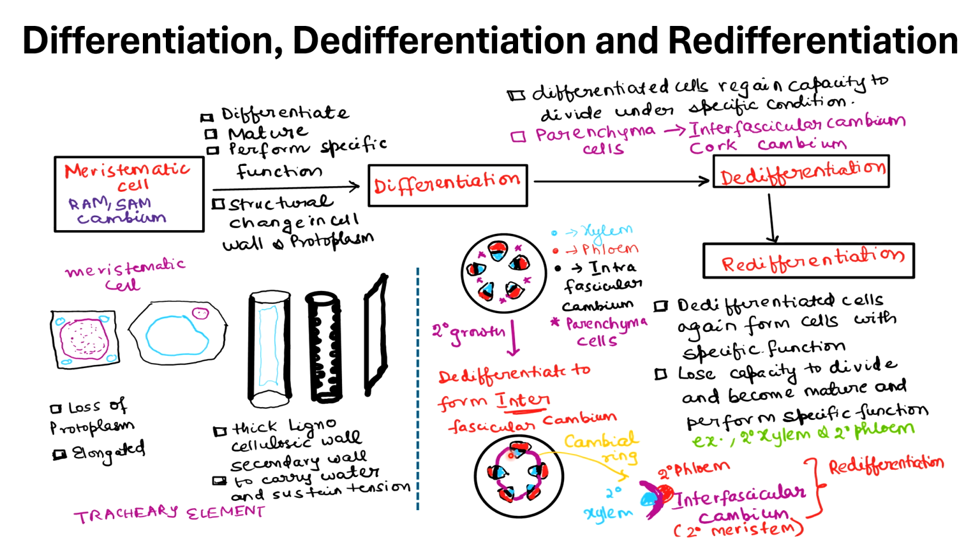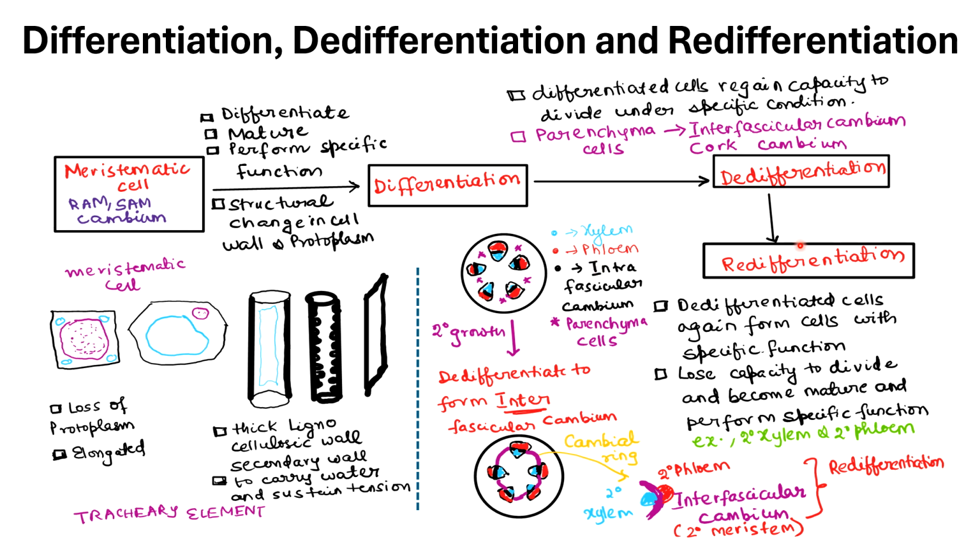So see, these parenchymatous cells tend to form a continuous ring with the intrafascicular cambium, and they form the cambial ring. This is called the secondary meristem, or the interfascicular cambium, because it is between the two fascicles. That's why it is called the interfascicular cambium. Is that clear?